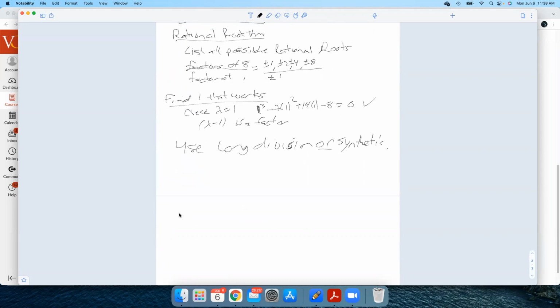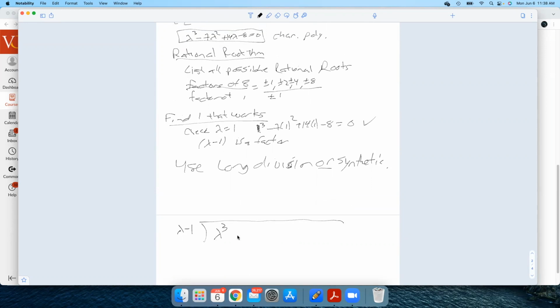Here's long division. So I would do lambda minus 1 divided into the polynomial.